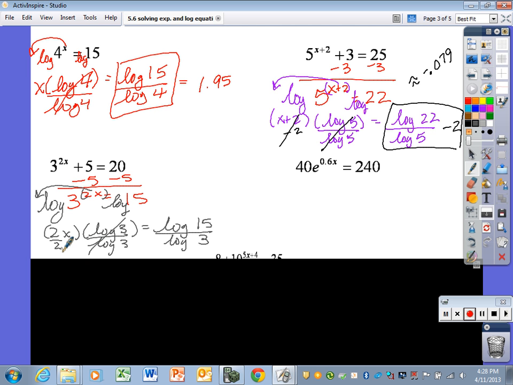And divide by 2. When you divide this side by 2, we put it in front of the log. So that is what it is algebraically. Since I have more than one thing happening in parentheses down here, I have to put it in parentheses. Log 15 divided by parentheses 2 times log 3. Then I need double parentheses. Then I get 1.23.